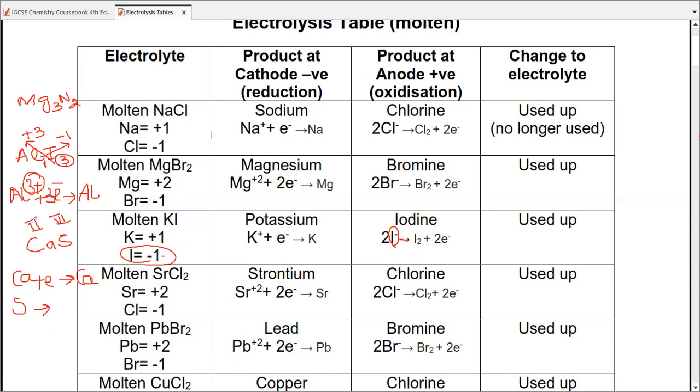So, what do we understand from this? If calcium is from group 2, it is going to lose 2 electrons to form this compound, so plus 2. And that's how its octet would be complete. And sulfur will actually gain those 2 electrons, complete its octet to form this ionic compound.